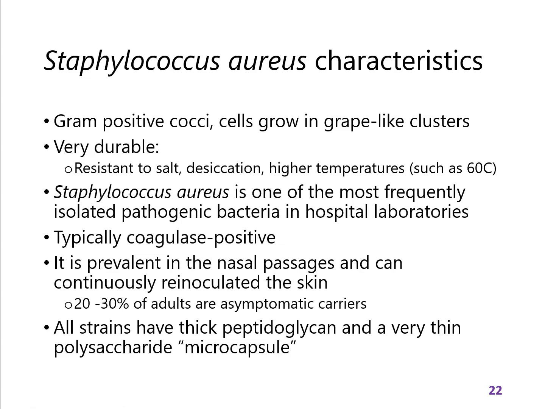That kills most bacteria, but not Staphylococcus aureus. The textbook says it's the most durable organism after endospores. So Staphylococcus aureus would be the most durable bacterium that is not an endospore. That's a bold statement, and it does help explain why it's such a problem in clinics.